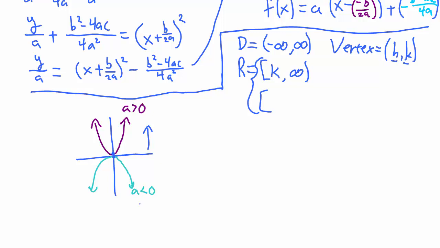And if a is less than 0, it would be from negative infinity to the k value. So effectively you can think of it as going downward. But we always write it down as, well, it helps if I use a parenthesis there, doesn't it? Negative infinity to k. So this is what happens when a is greater than 0. This is what happens when a is less than 0.